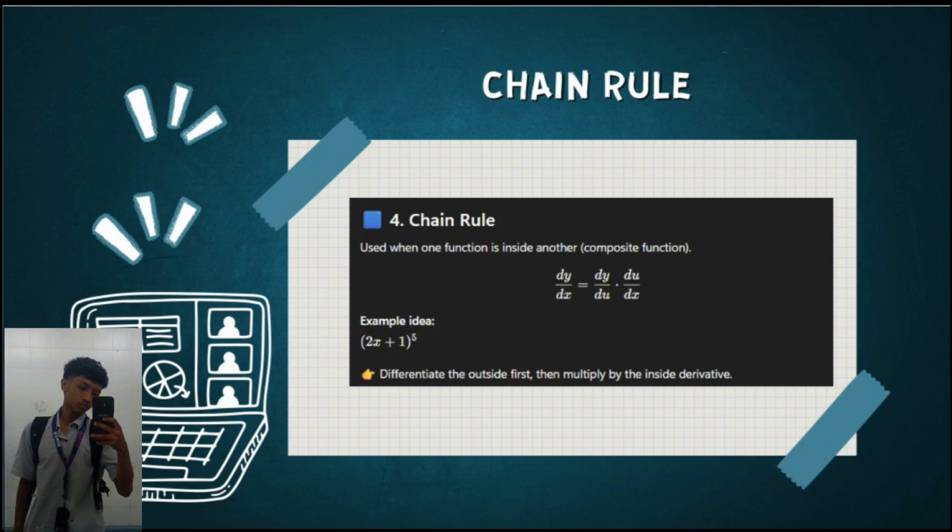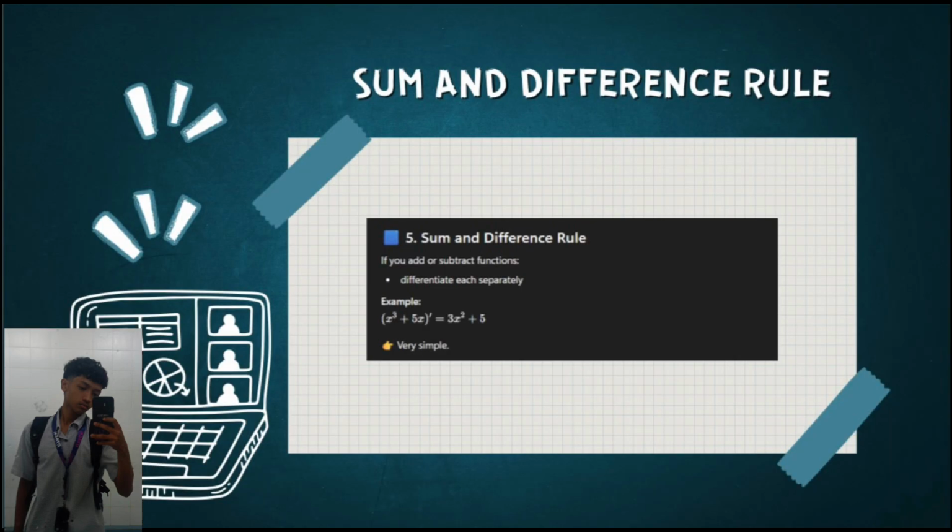So basically we want the dy and dx, but in dy there's the power over du, so we need to estimate the du to get the dy and dx. Basically it is differentiate the outside first, then multiply by the inside derivative.